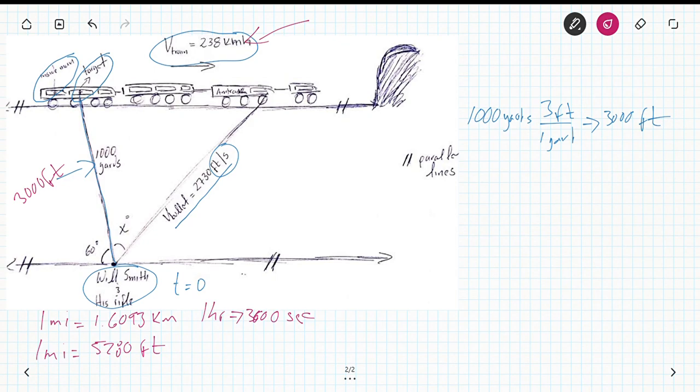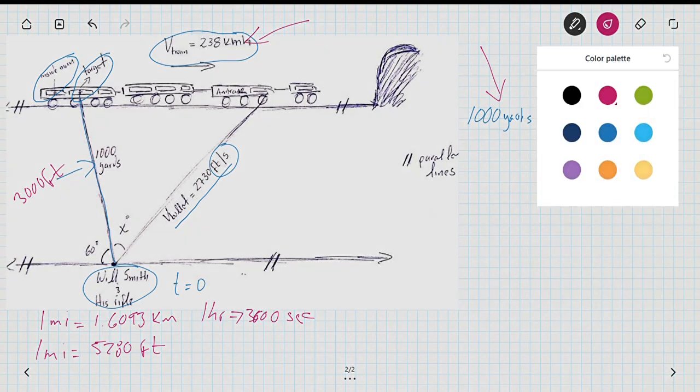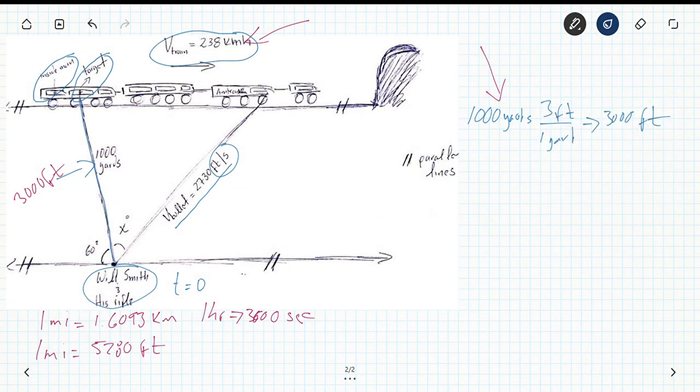Okay, so knowing that, we're going to do some dimensional analysis, and the way you do that is by setting up ratios just like this one right there. But what I'm about to do is slightly more complex. So let me start. I'm going to choose my blue pen. So 238 kilometers per hour times some ratio.